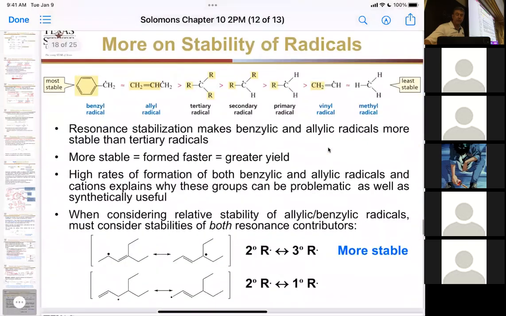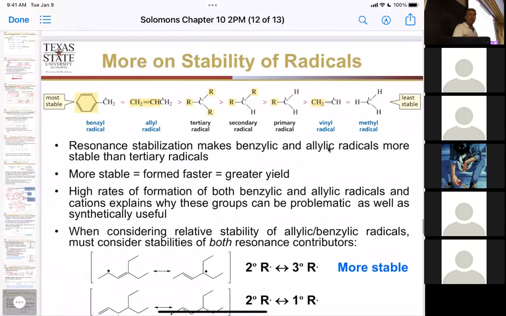All right. So when we reorder them, they're going to be analogous to those of carbocations. We can make our primary radical, our vinyl radical, and our methyl radical; they're not that hard to make. But our benzylic radical is most stable, our allylic is about the same stability, and our tertiary radicals are also very stable.